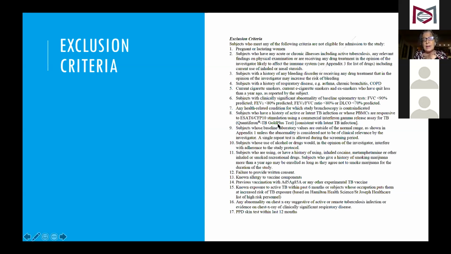And because part of the measures we were doing was looking at the immune response in the lungs, patients were having a bronchoscopy, a bronchoalveolar lavage, and so any contraindications to that procedure were also part of the exclusion criteria. We had some age cutoffs of 55, but we can discuss whether that is relevant going forward.